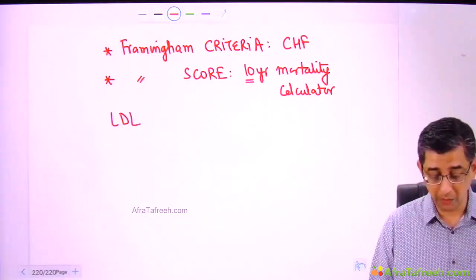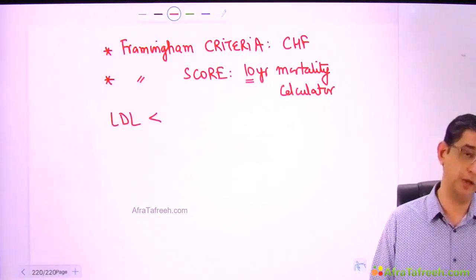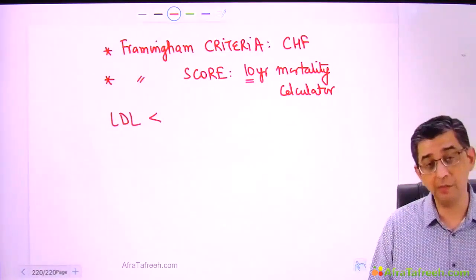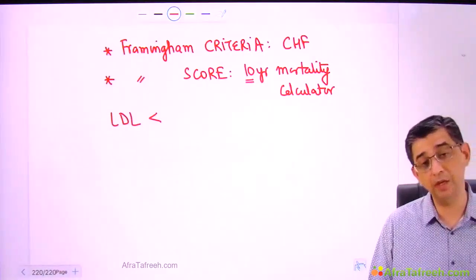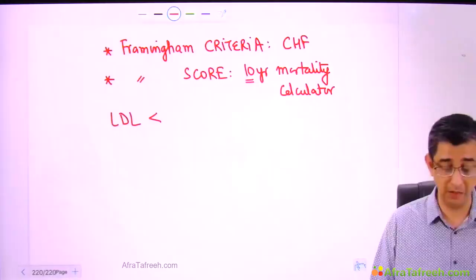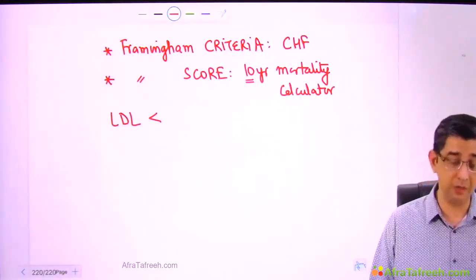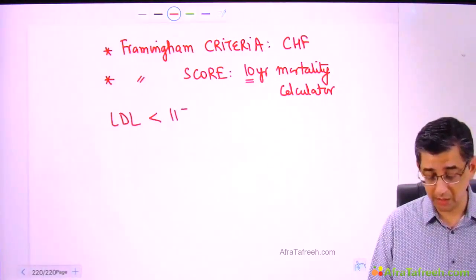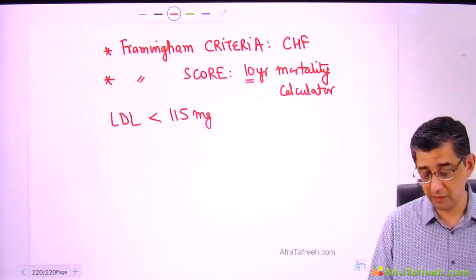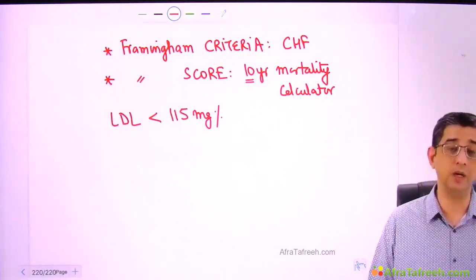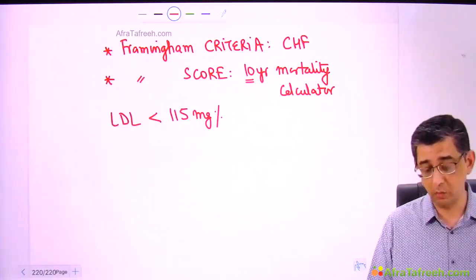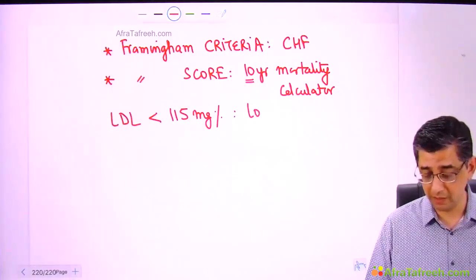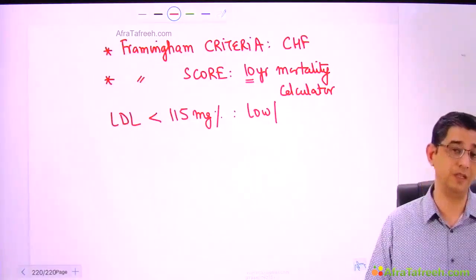So what should be the cutoff LDL for the normal population? You see, for a very high risk population like diabetics, the cutoffs will be different from that of the ordinary population. So the values of LDL keep on changing. Till last year, the cutoff for LDL here was 130 for the ordinary population. But now for the ordinary population or low to moderate risk population, it is mentioned as a value of less than 115.